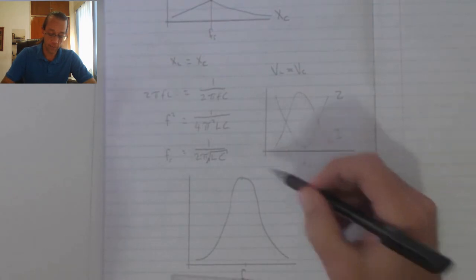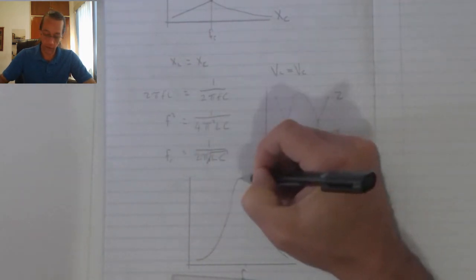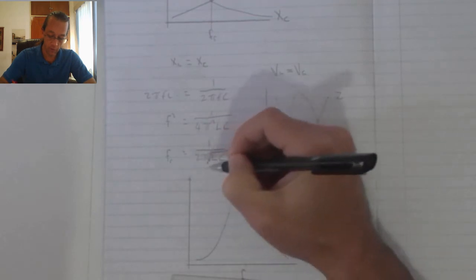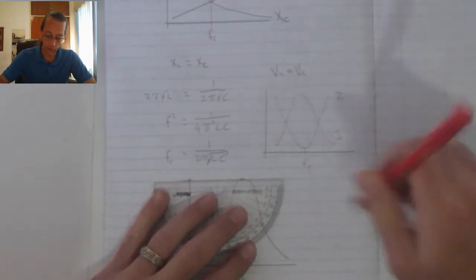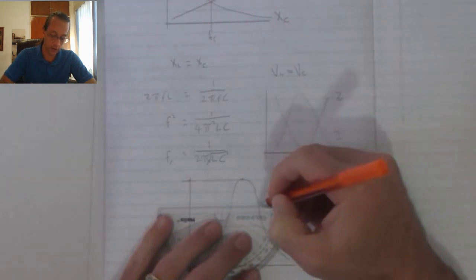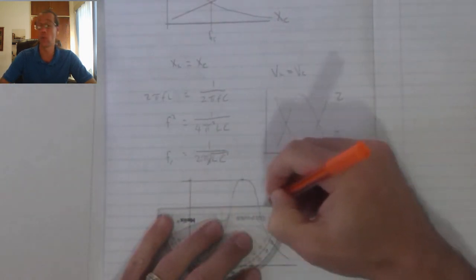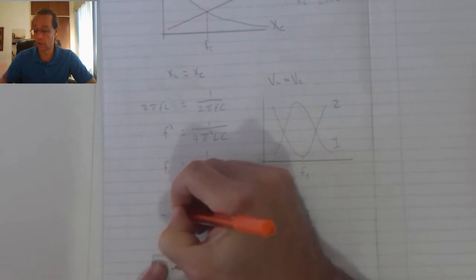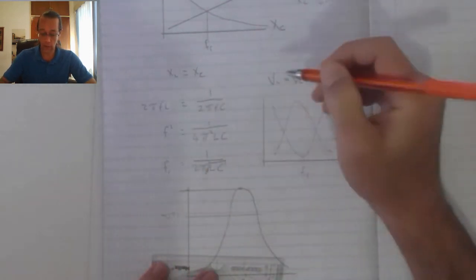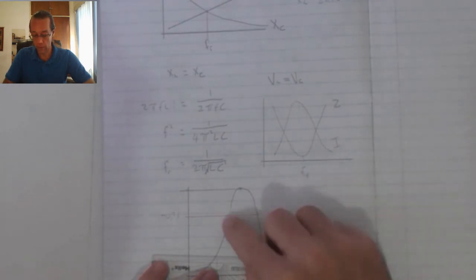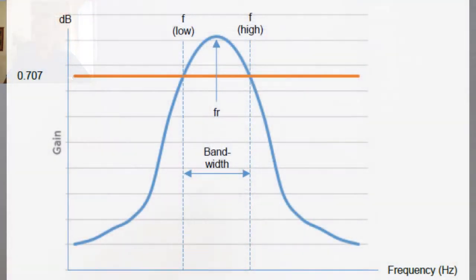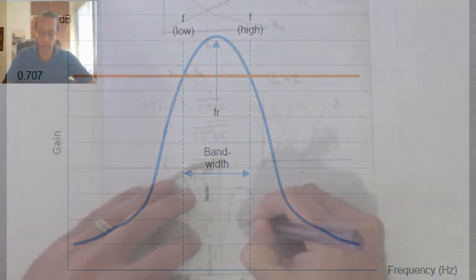Now the bandwidth is taken at, if that's the maximum value, then this level at 70.7%. That's called my half power level. That level there will determine what my bandwidth is going to be.